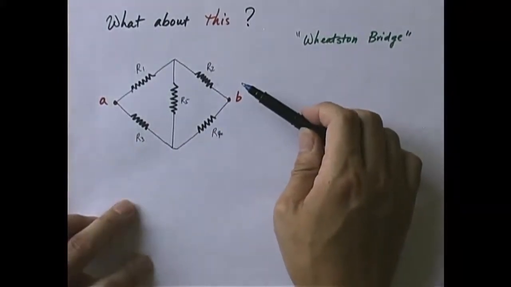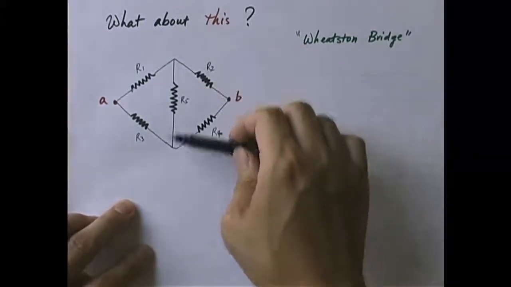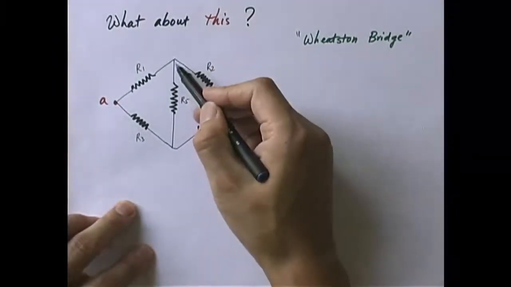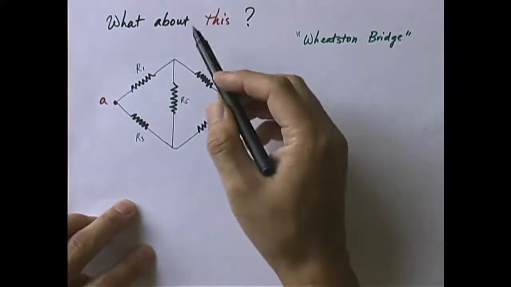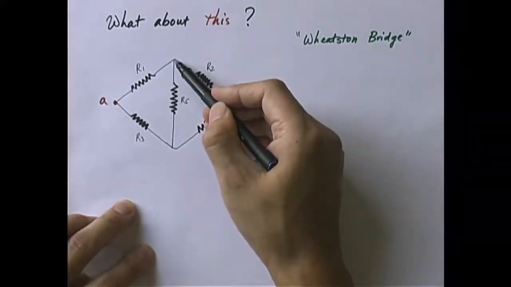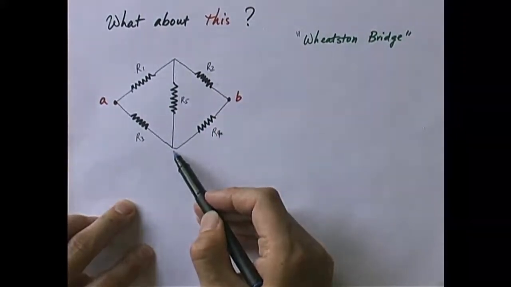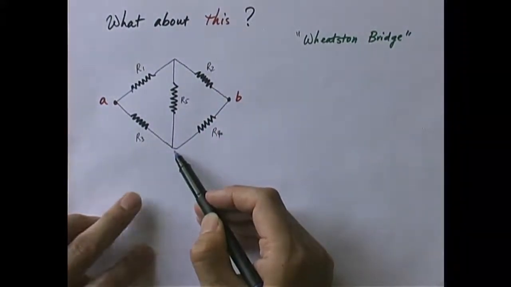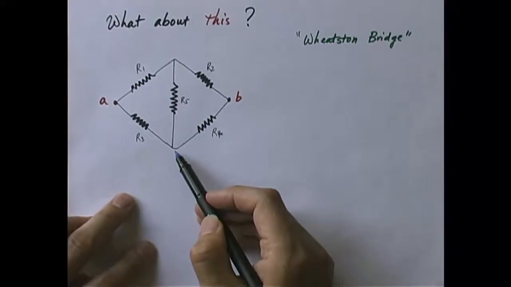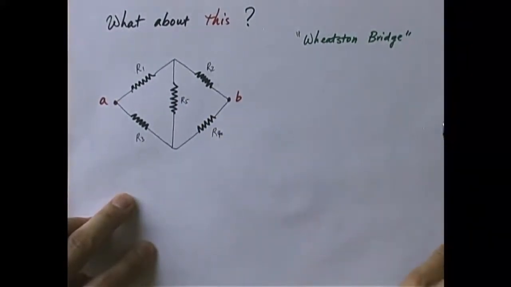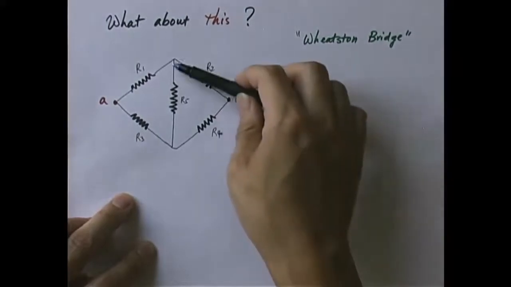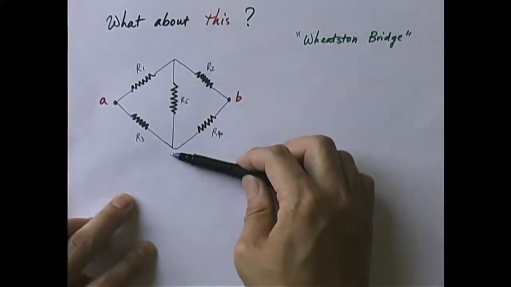But of course, in general, you cannot do that, because when you put in R5, a current will start to flow, right? The current will start to flow from here to there. Unless, of course, the potential here and the potential there happen to be the same, right? If they have the same potential, then even if you remove R5, it's not going to affect the circuit at all, because R5 had no current to flow in the first place.